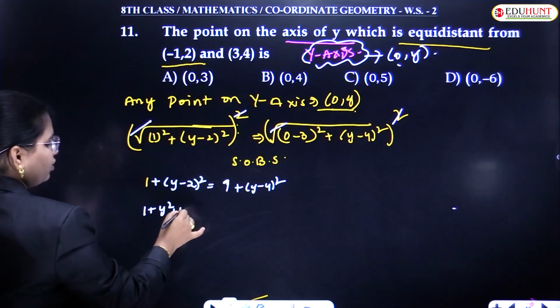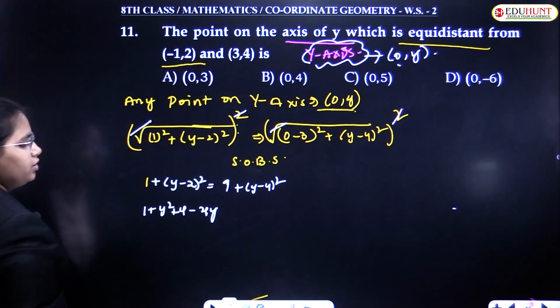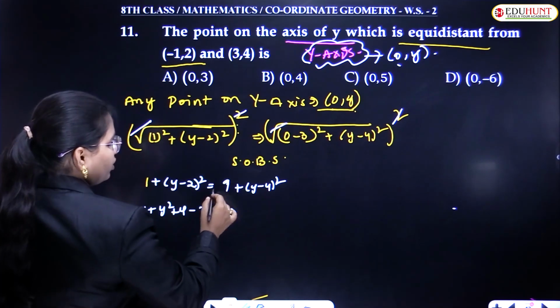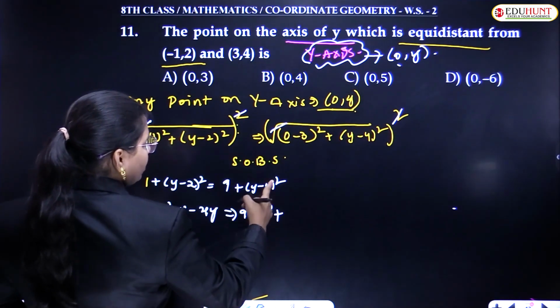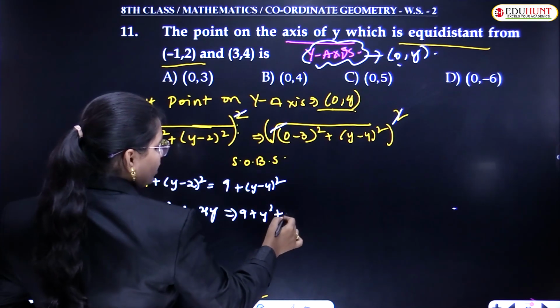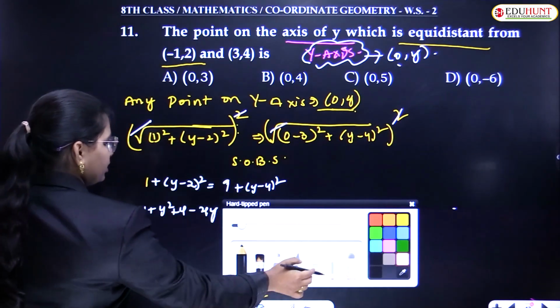Using the formula (a minus b) whole square is a square plus b square minus 2ab, we get 4y. Similarly here, this is 9, and 4 square is 16, minus 8y.